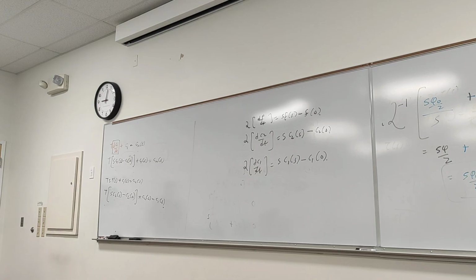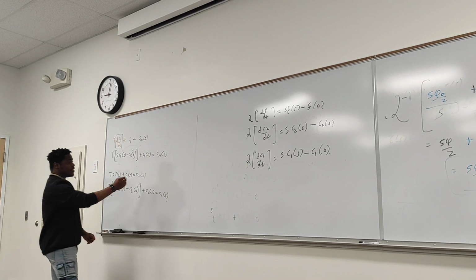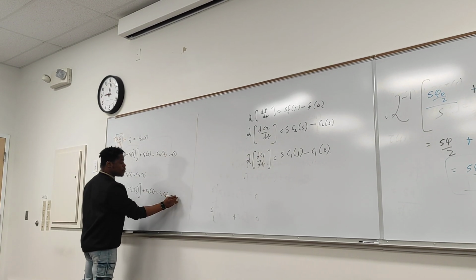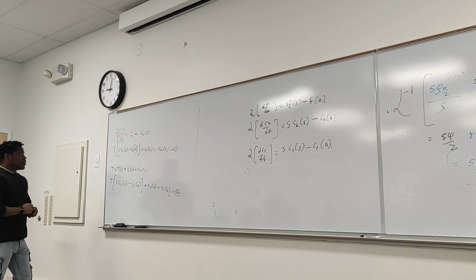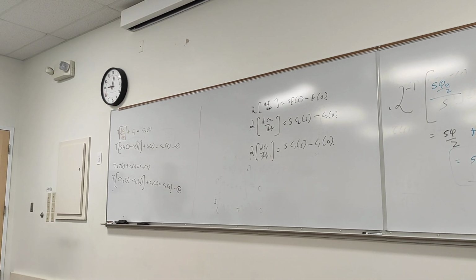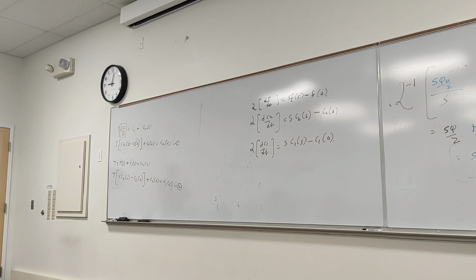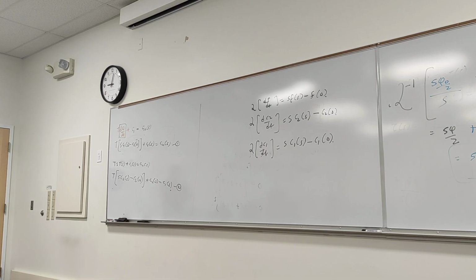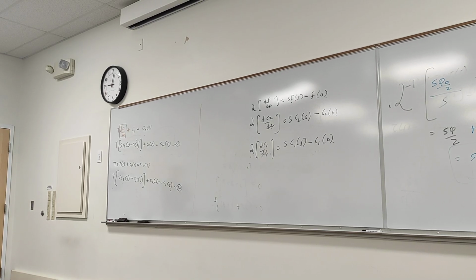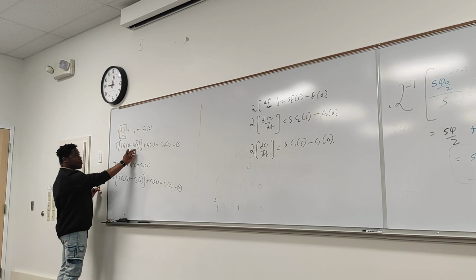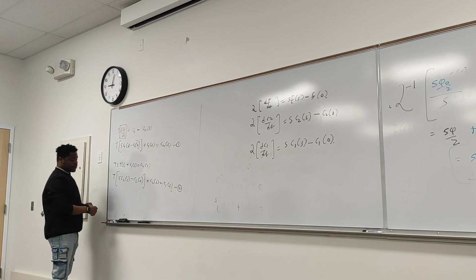So this one is for equation 1 and this one is for equation 2. From equation 1, if you look at it, the initial concentration is 0. So let's start with equation 1.